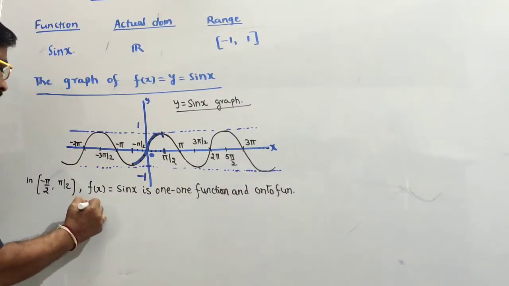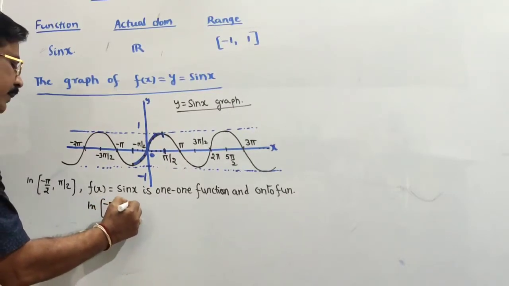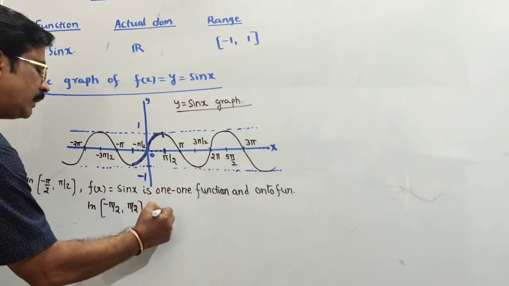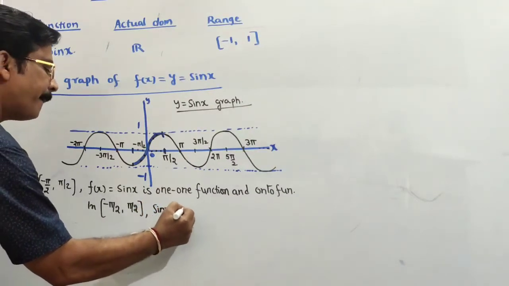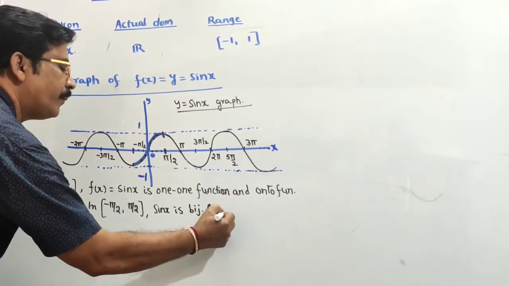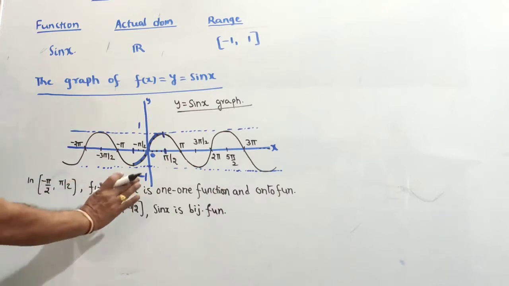It means that in the closed interval of minus pi by 2 to plus pi by 2, sin x is a bijective function. So, keep it up.